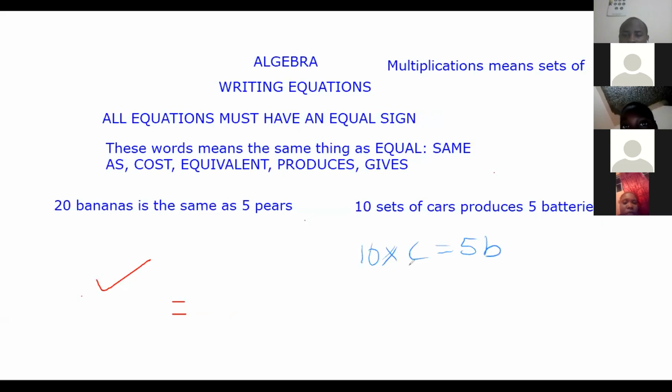Okay, good. And Zaria, you must know that 5B is the same thing as 5 multiplied by B. Yes, sir, I know that. Okay, so you could write 10C equals 5B, right? Yes, sir. Okay, good.